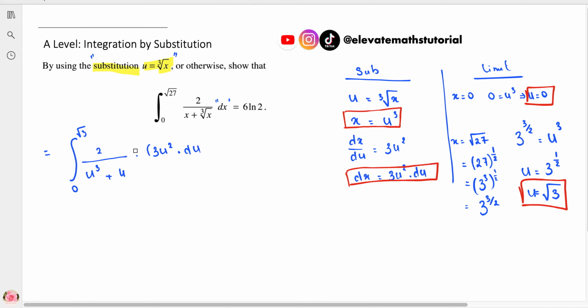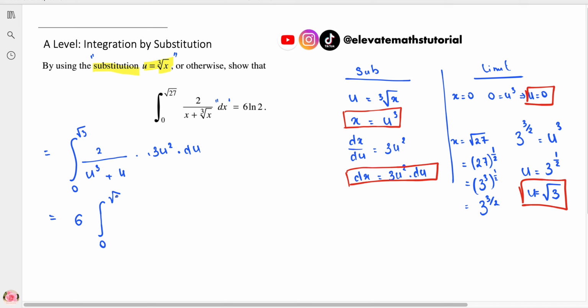I don't need the bracket symbol here. We can now simplify this. 3 times 2, that's a constant, and a constant doesn't need to be in the integral. You can take it out of the integral and leave it here. We don't need additional complications.